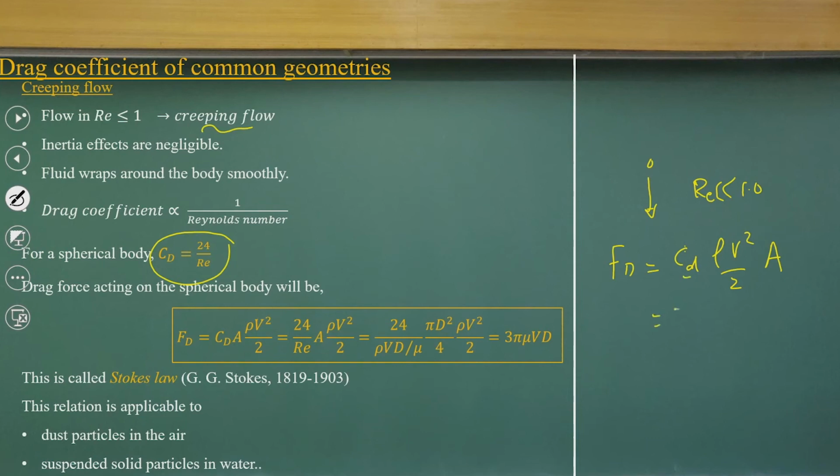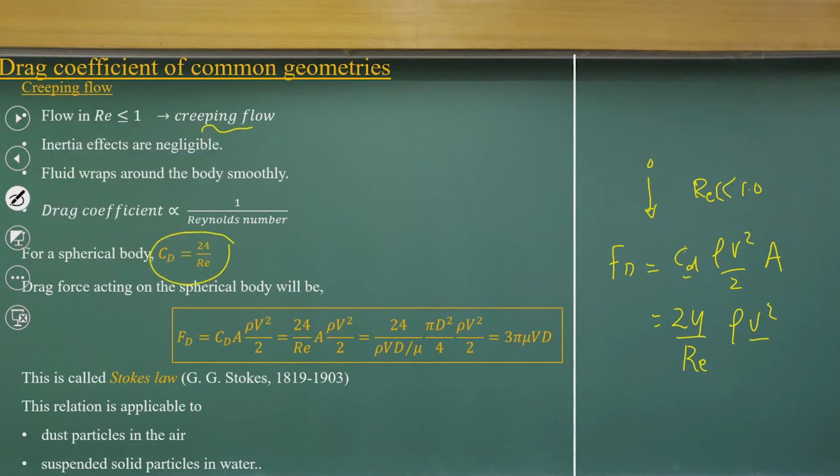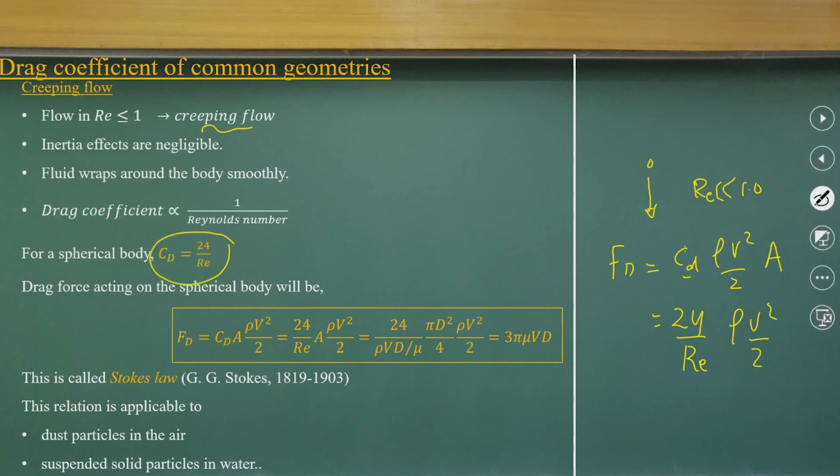That is the dynamic pressure multiplied by the frontal area and the Cd. As Cd is 24 by Reynolds number, obtained from experiment, multiplied by rho V squared, you know very well the frontal area. For a sphere, the frontal area is pi D squared by 4.